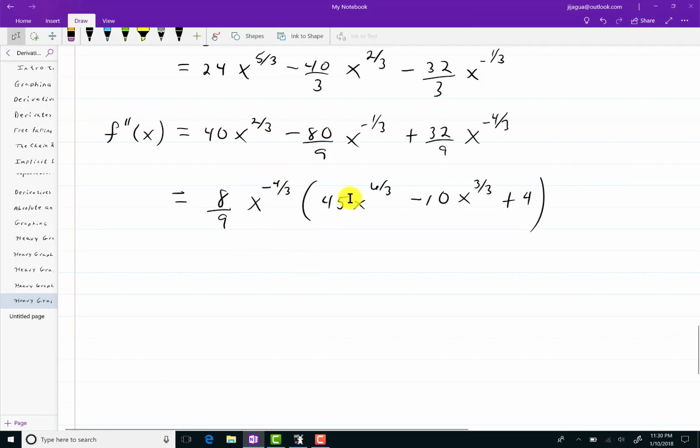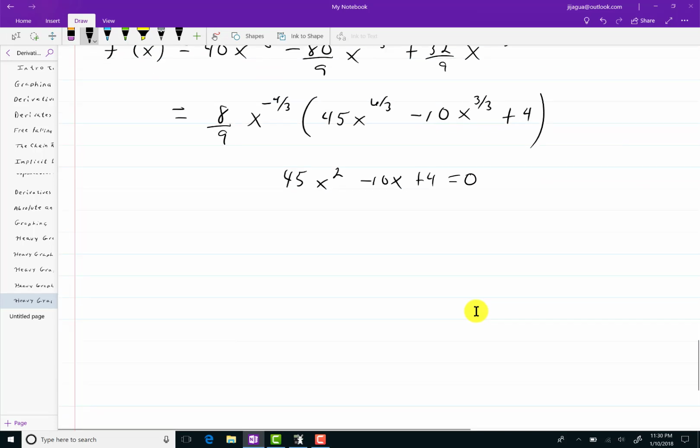To get the zeros of this, I'll go with the quadratic formula again. Remember, this 6/3 is squared, 3/3 is to the 1 power. So I'm going to take negative 10.